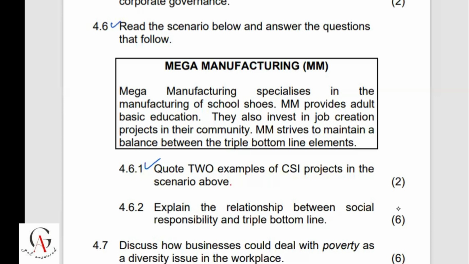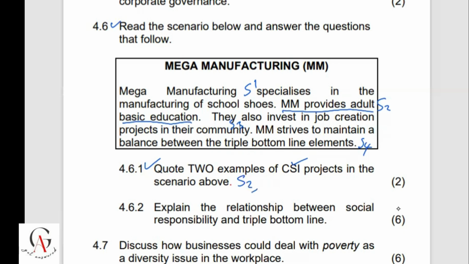So now if you check, we have sentence 1, sentence 2, sentence 3, and then also sentence 4. We're saying that MM provides adult basic education. This is one of the examples of CSI, so sentence 2 addresses the issue of CSI.